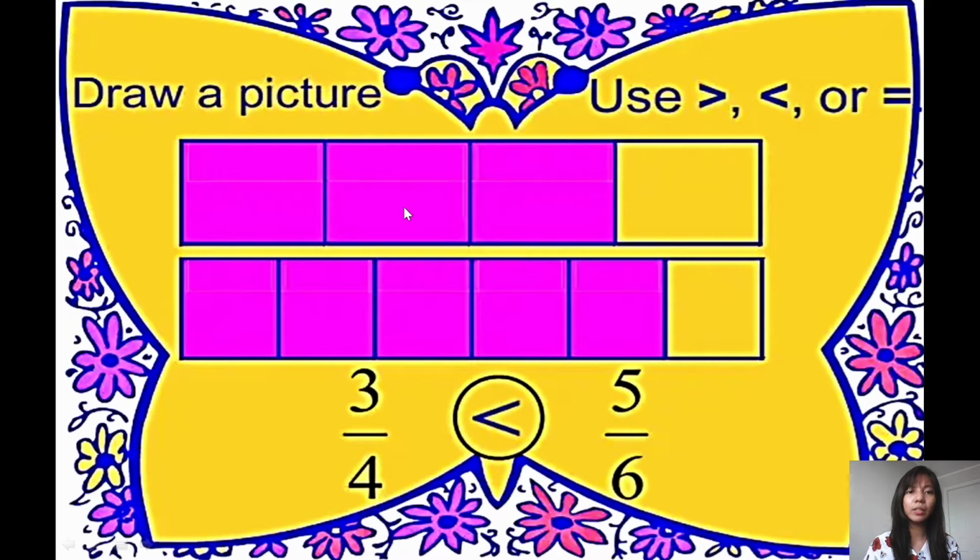Okay, 1, 2, 3, 4. So 4. And then 3. So 3 shaded parts. And then this is the picture of 5/6 fraction. So 6 parts, right? 1, 2, 3, 4, 5, 6. And then 5 shaded parts. 1, 2, 3, 4, 5.